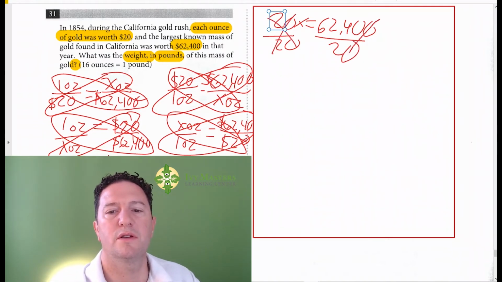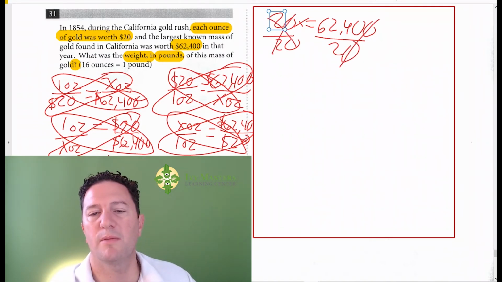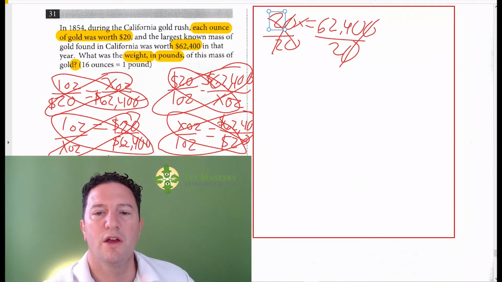Canceling the zeros is like dividing the top and bottom by 10, and then you divide 2 into 62,400, and we've got 3,120 ounces.